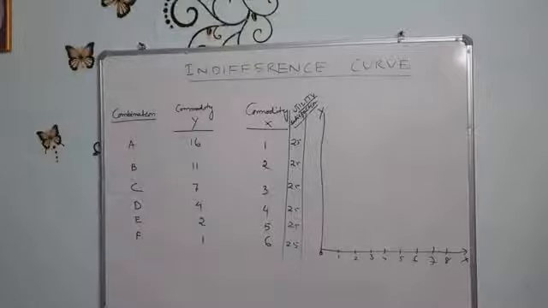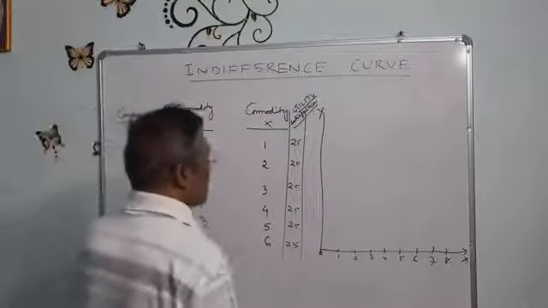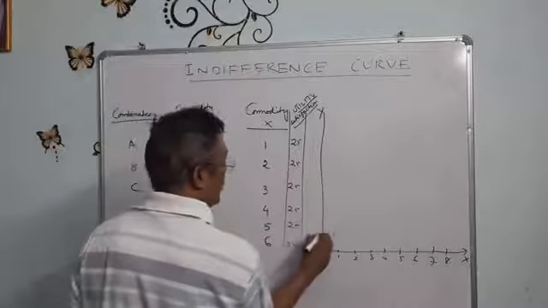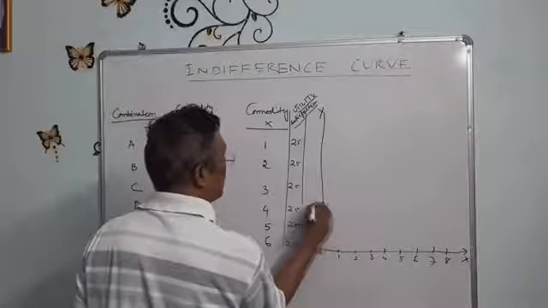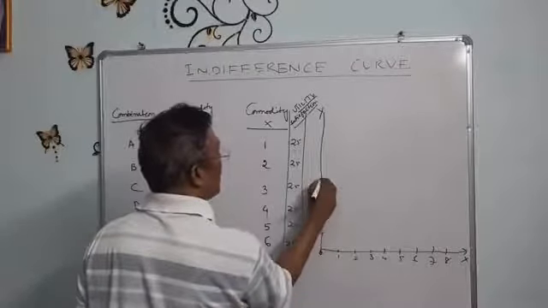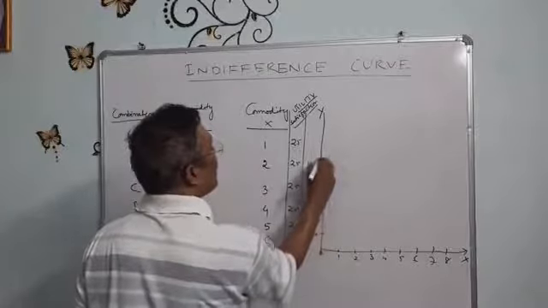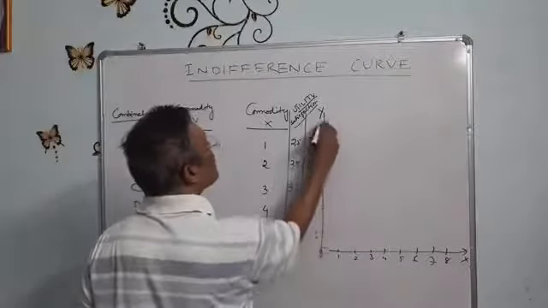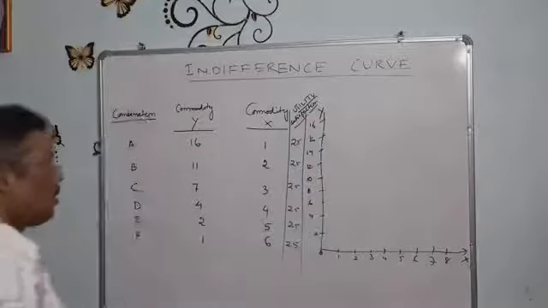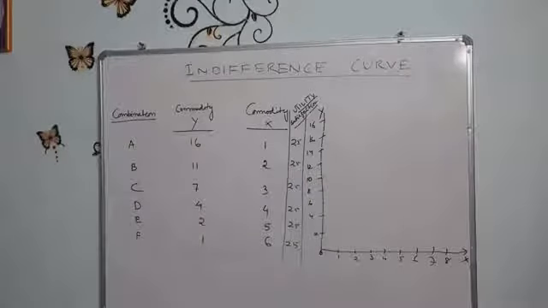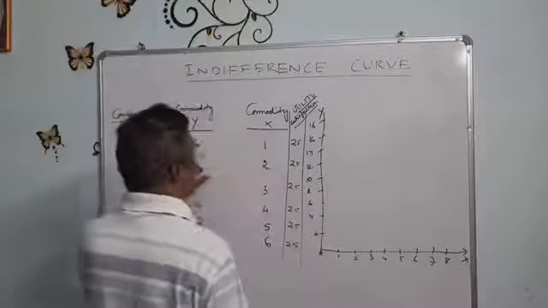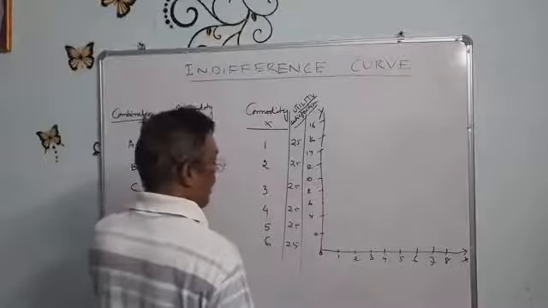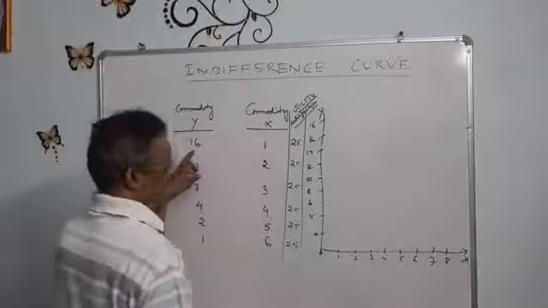And Y goods we are consuming, suppose the maximum is 16: 2, 4, 6, 8, 10, 12, 14, 16 and 18. X goods 1, Y goods 16.